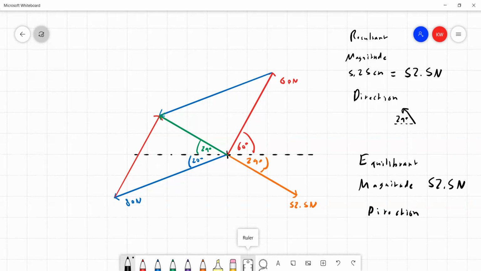I will write it in our shorthand way again. This dashed line represents our horizontal, 29 degrees below that horizontal line. And that completes question 2. Everything we need to do to find the resultant, the green line, and the equilibriant, the orange line.